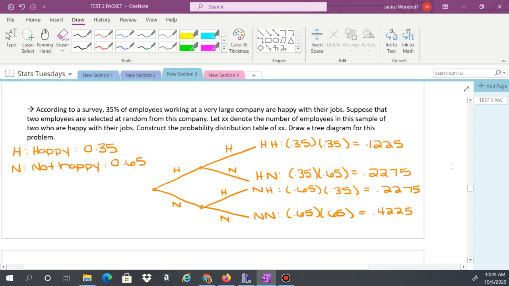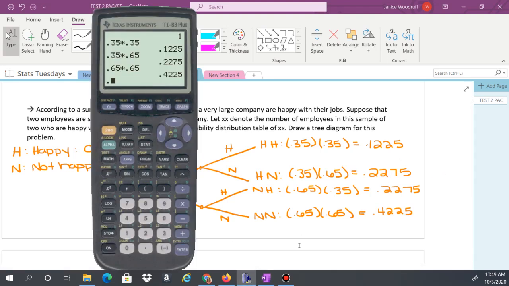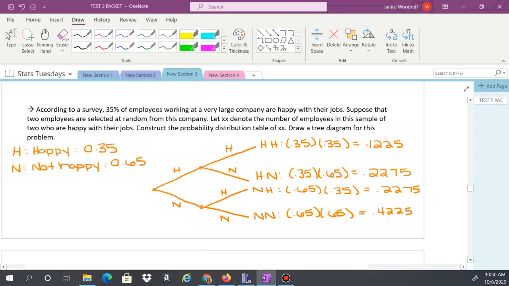Okay, let's add all these together just to check. So you have 0.1225 plus 0.2275, 0.2275, and 0.4225. All right, we get 1 for our probability distribution. There is not a question, I think I might have cut that off, but it says let X denote the number of employees of the sample of 2 who are happy.